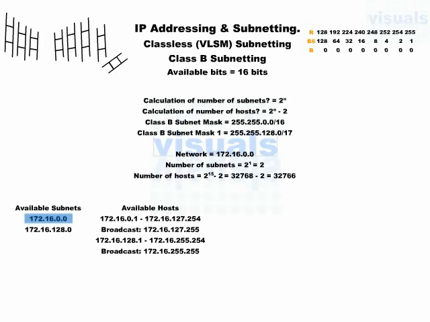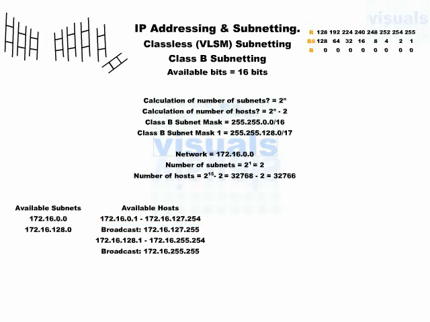For the first subnet, the valid host address range is from 172.16.0.1 to 172.16.127.254, and 172.16.127.255 is the broadcast.